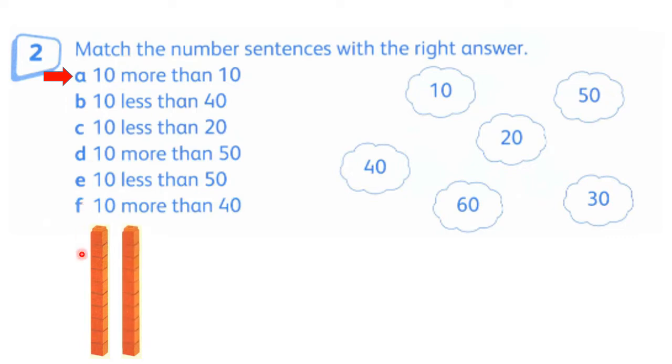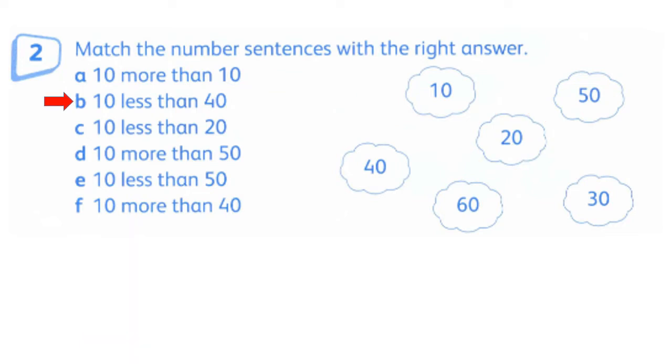So we have 10, 20. So let's match our 20, which is the answer, to the number sentence. 10 more than 10 is 20.